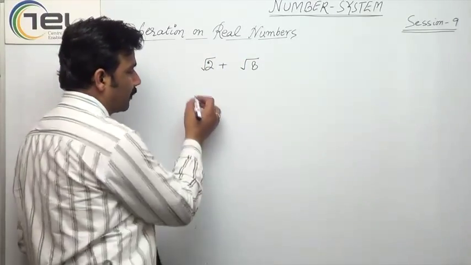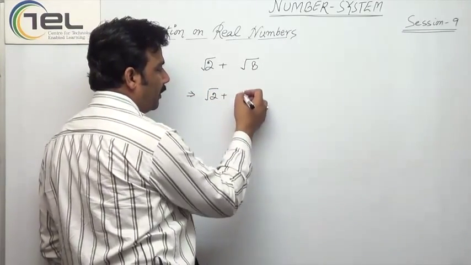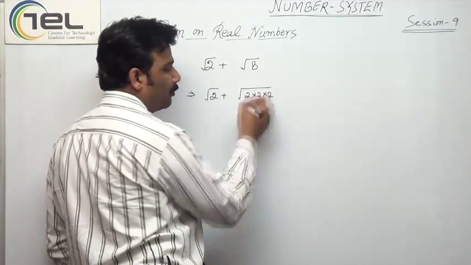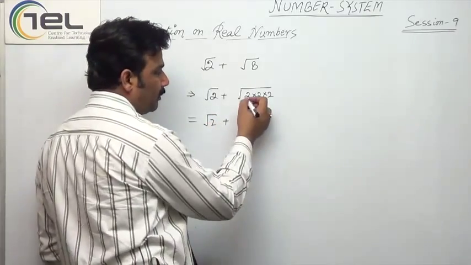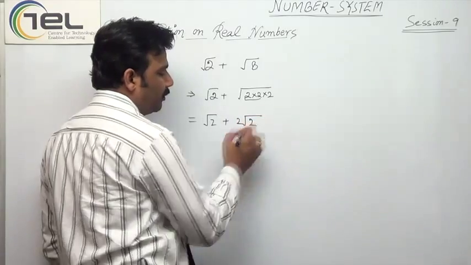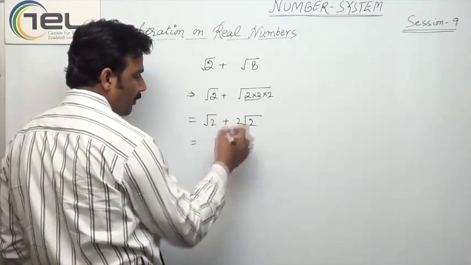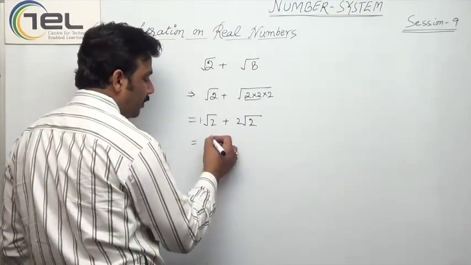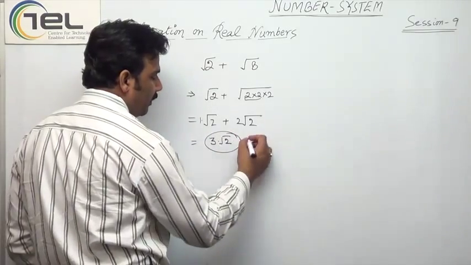Root 8 can be written as 2 times root 2. So 1 time root 2 plus 2 times root 2 will be 3 times root 2, and this is an irrational number.